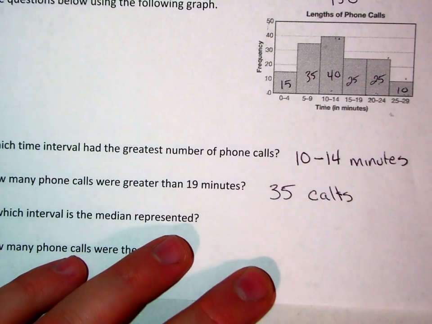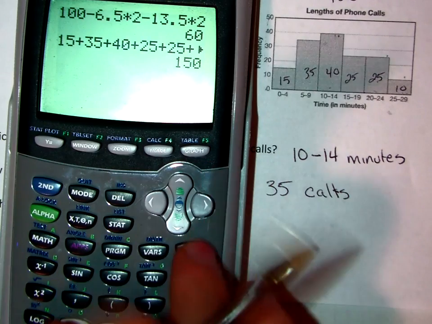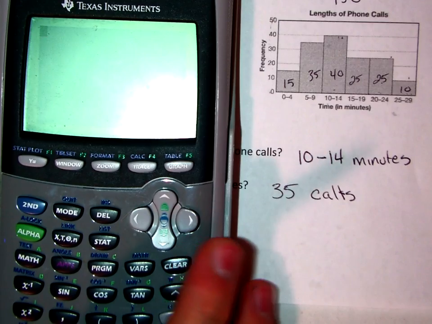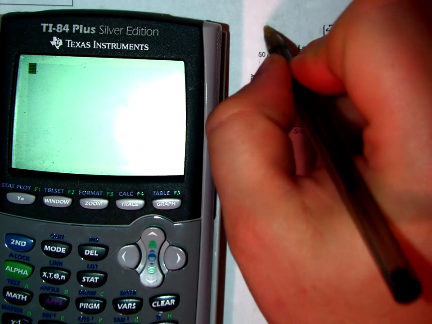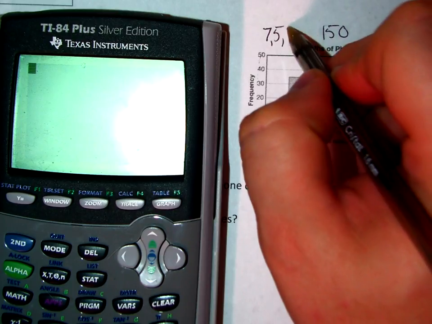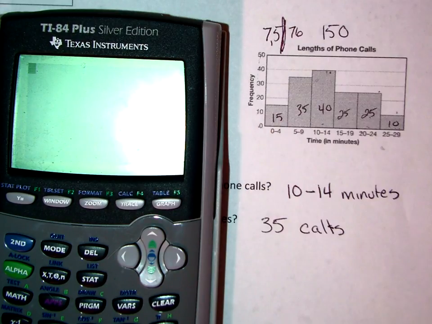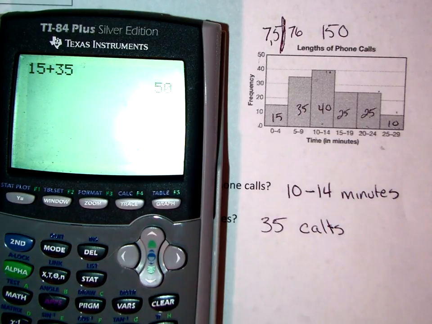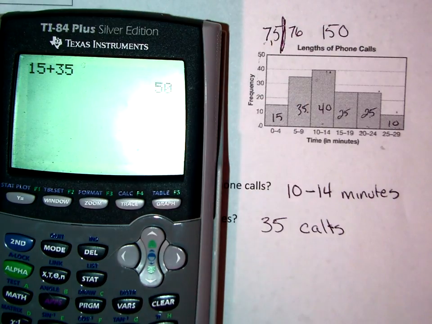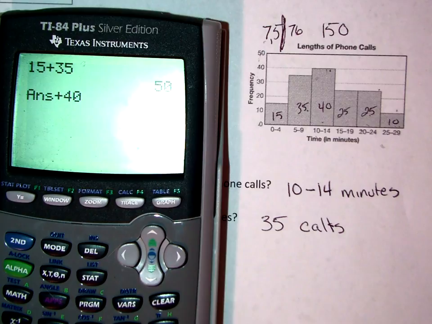I'll hold the calculator over here so you can see how I do this. I'm going to add up these terms until I find which of these intervals I have to add to get my 75th and 76th phone calls, which would be my median. So 15 plus 35 would give me 50 total phone calls. That would not include my 75th and 76th phone call. Then I will add 40 more.